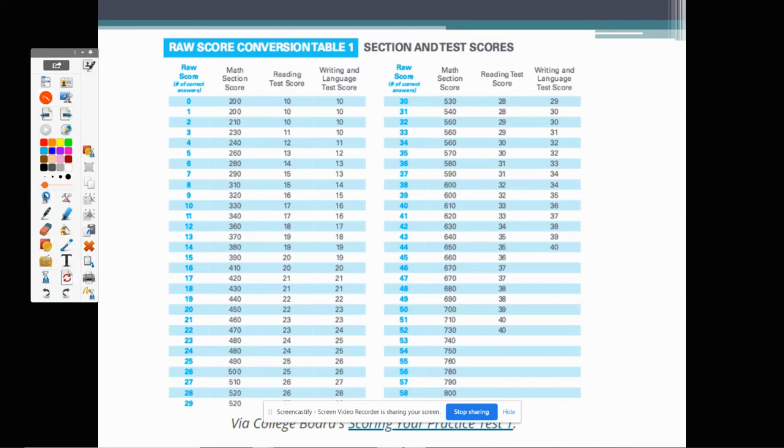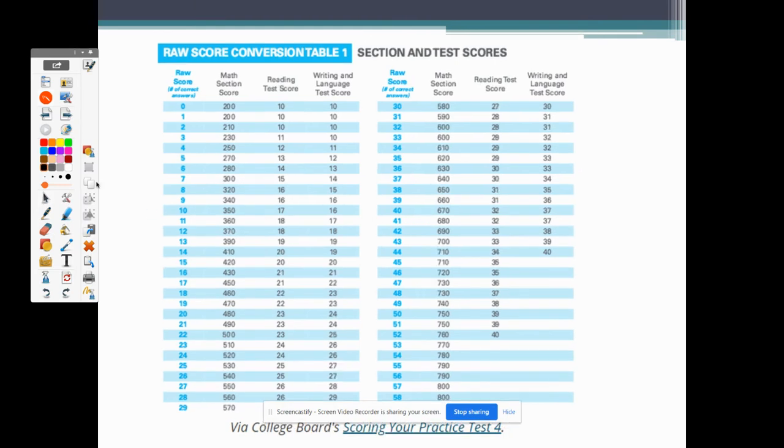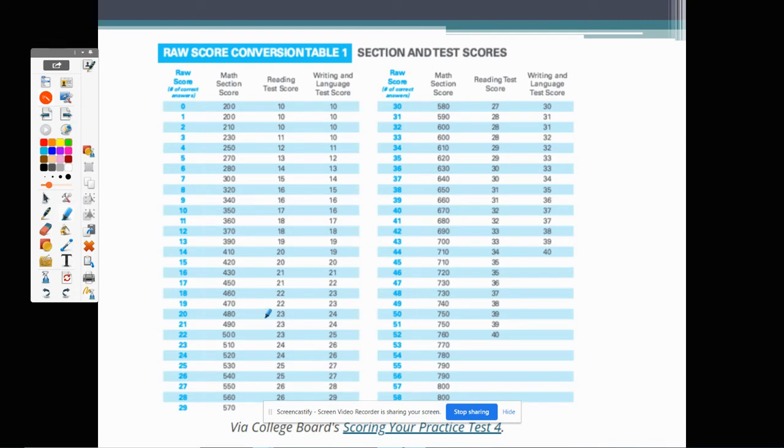Okay, so that's your first number you have written down. Your second number, here's a second test. This test was different. On this test, my 550 people, you only need to get 27 this time. My 600 people, 32.